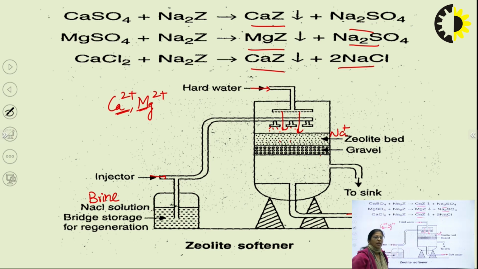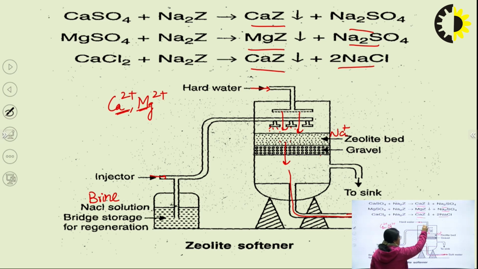So the hardness is removed from the water, but the water coming out of the zeolite is going to contain an excess amount of sodium salts. Then this water passes through the gravel, and finally the soft water comes out through the soft water outlet.